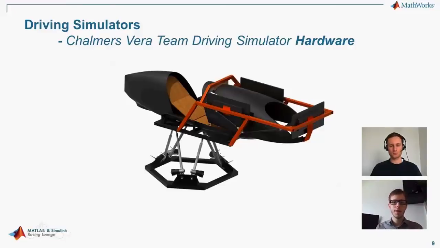To this, you then attach the chassis, which is a replication of the actual racecar. And then a rig that holds the 3 monitors around the car. So this is what we use to create the motion. What you miss here is the control system that goes in the middle and bottom there.